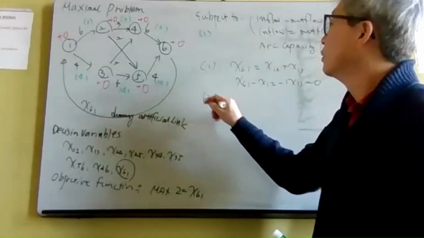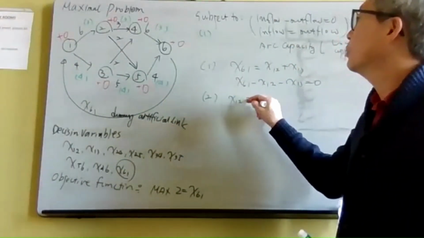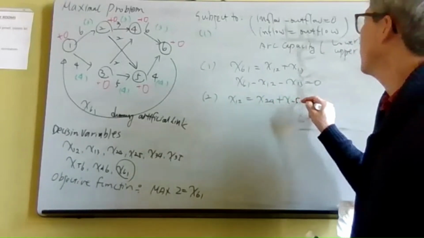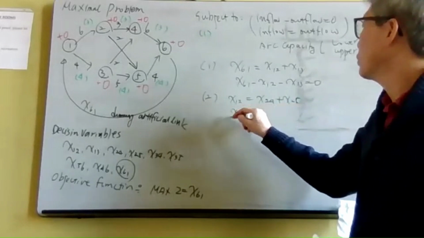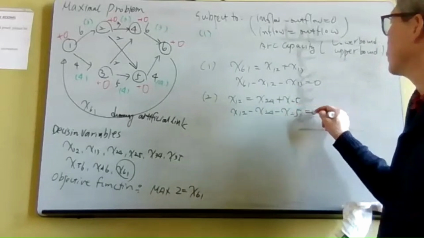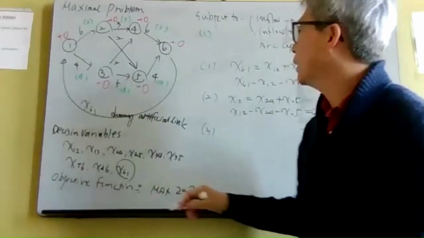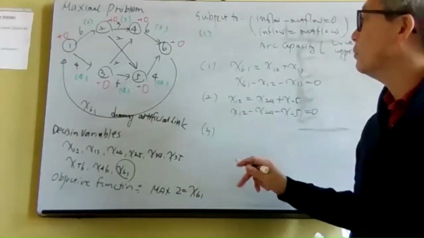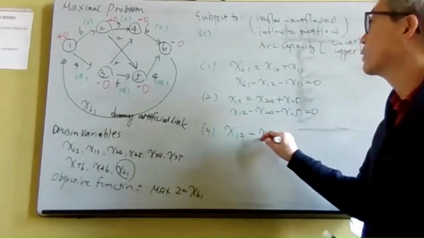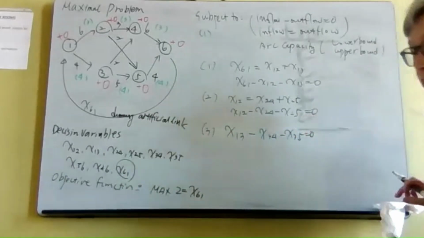Node 2: there is only one inflow, x12, equal to outflow x24 plus x25, which is x12 minus x24 minus x25 equals 0. And node 3: there's only one inflow and two outflows. So x13 minus x34 minus x35 equals 0.